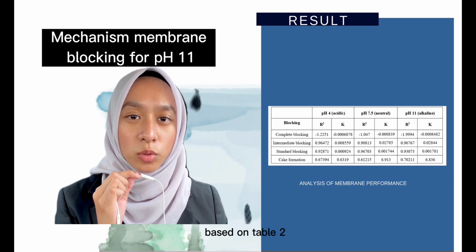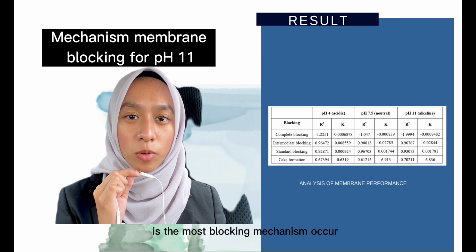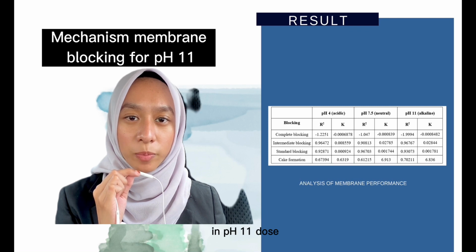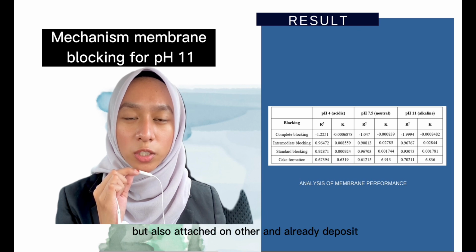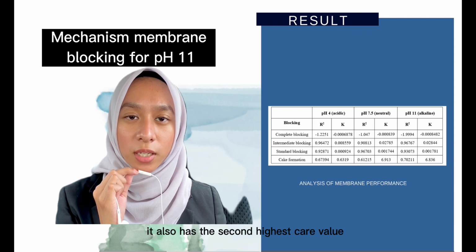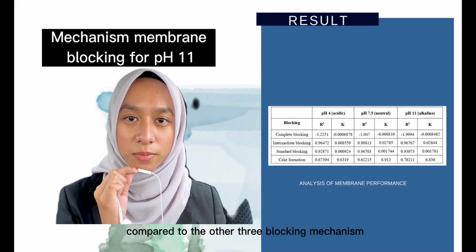Table 2 also shows that intermediate blocking is the most significant blocking mechanism occurring at pH 11. Those particles have reached the membrane but also attached onto each other and already deposited. It also has the second highest K value compared to the other three blocking mechanisms.